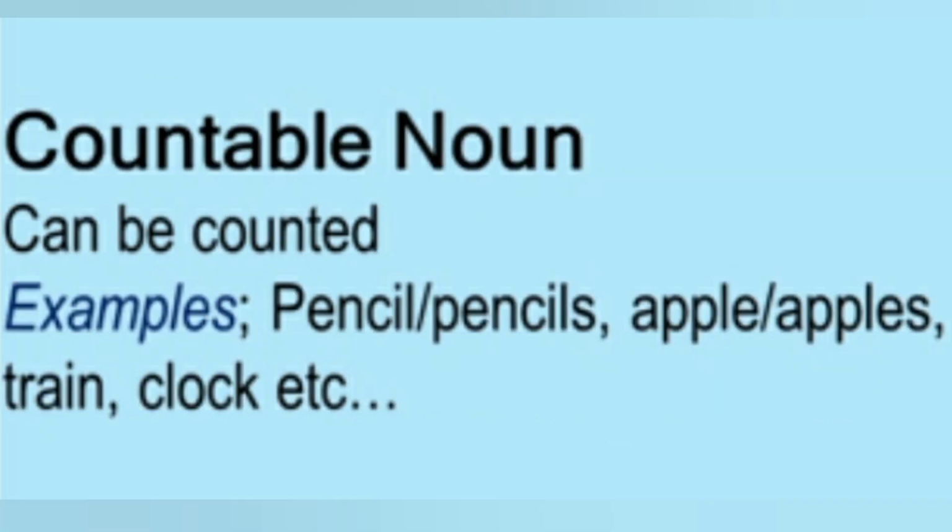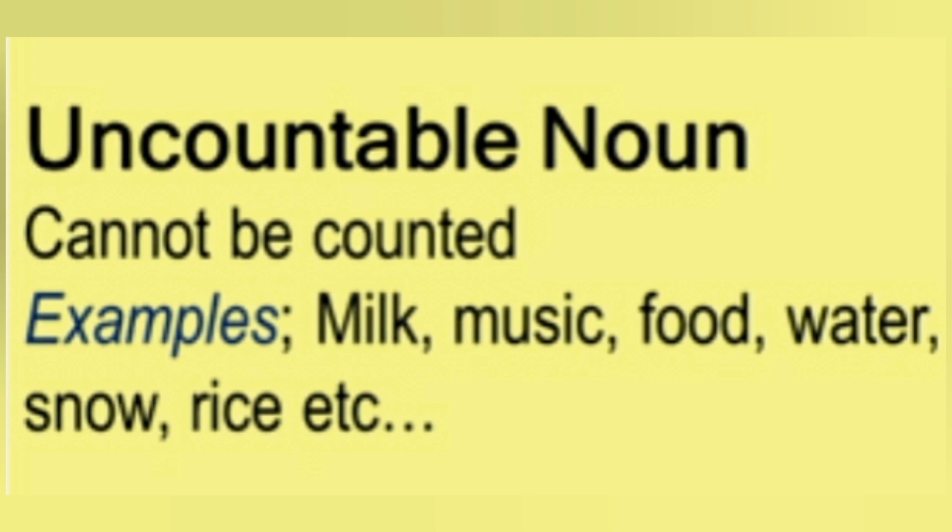Now, let's take a walk over to countable nouns. As the word suggests, they can be counted. These nouns include pencils, apples, trains, clocks, bags, and so on. Now, what is the opposite of countable? Uncountable, of course, which brings us to our next noun, uncountable nouns.